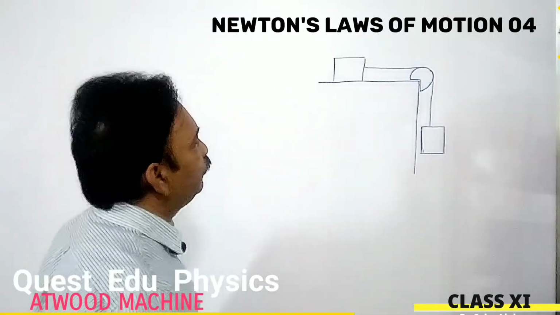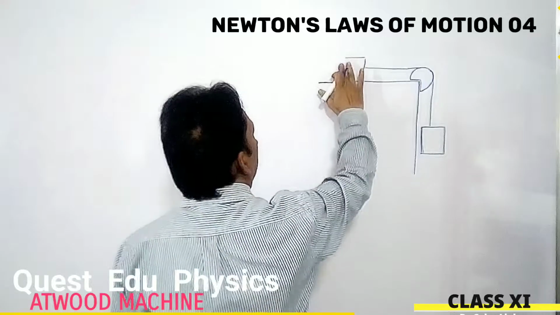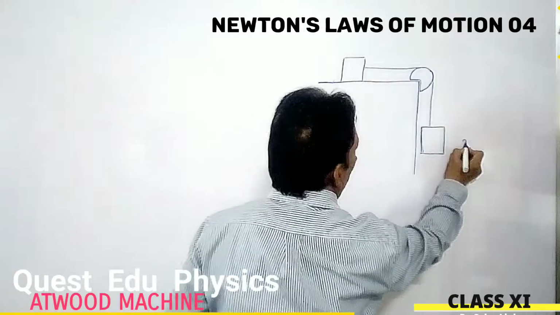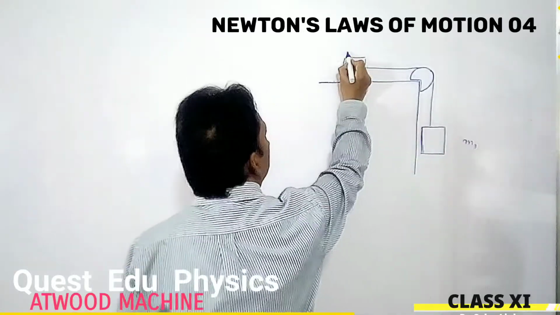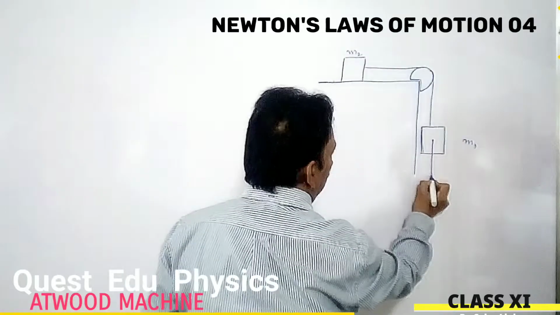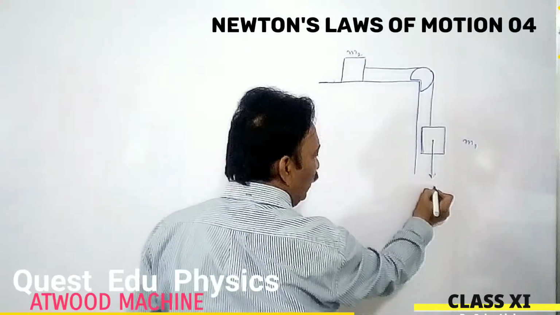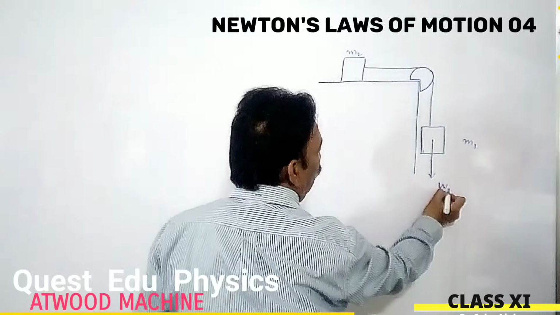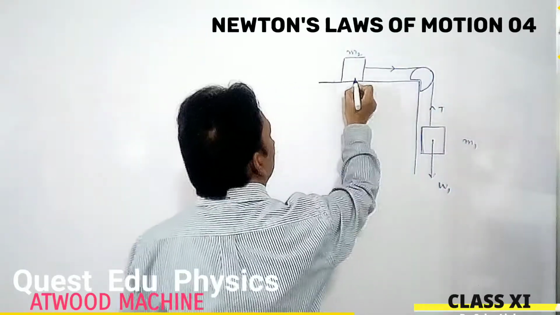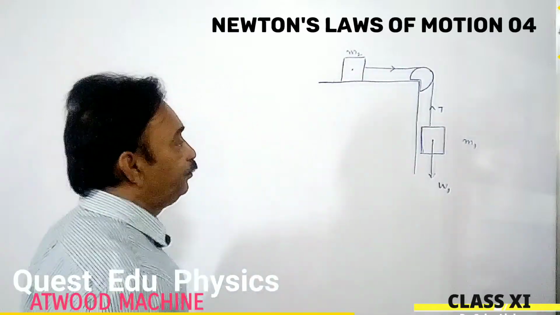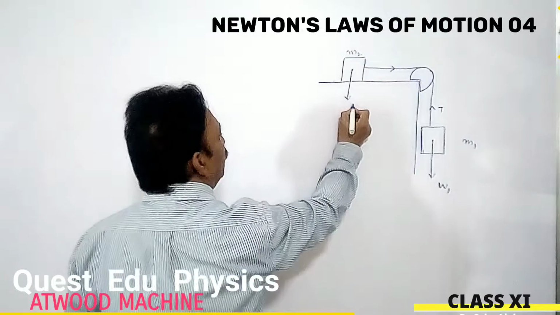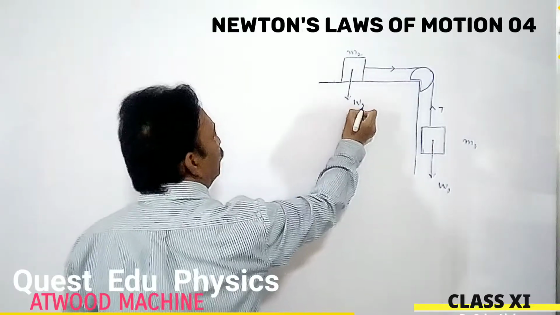Okay, students, let's take this one as M1 and it is M2. Obviously, the weight works vertically downwards and the tension will be in this direction here, and it's the weight which is acting vertically downwards.